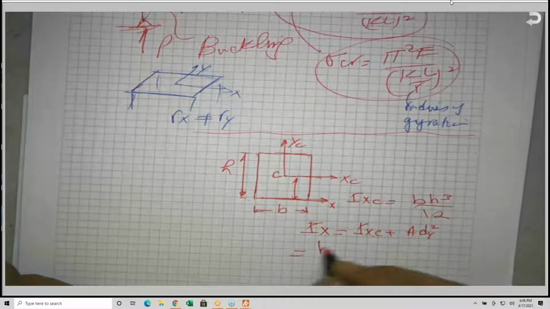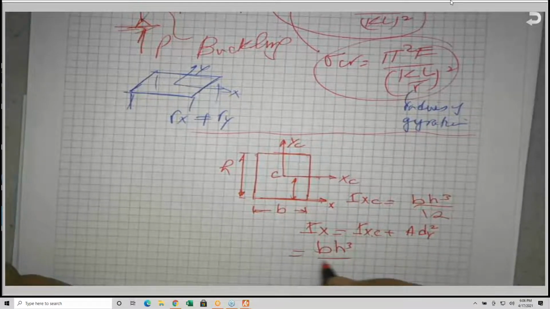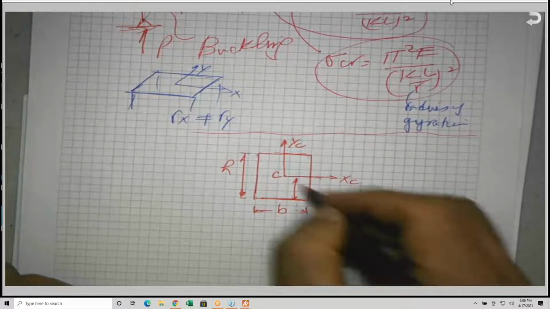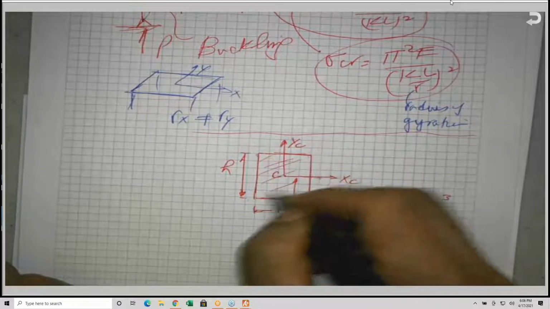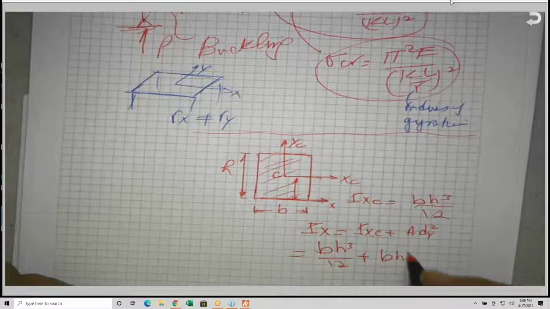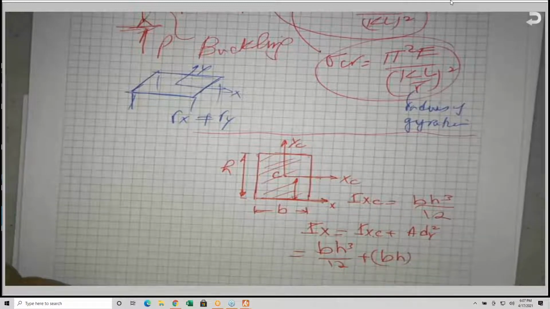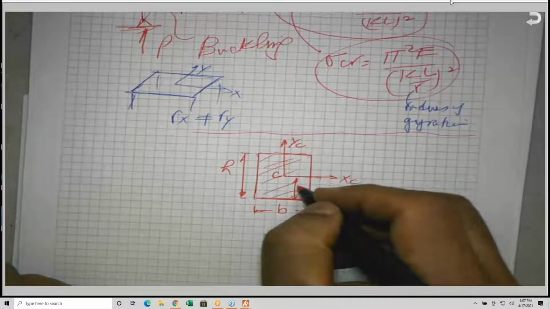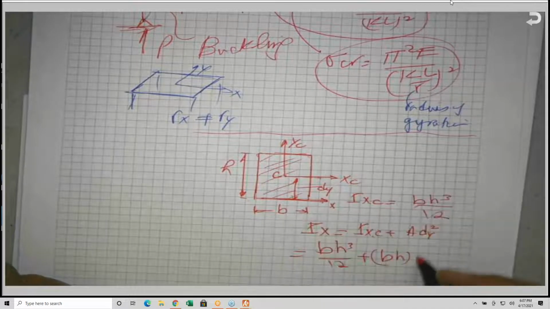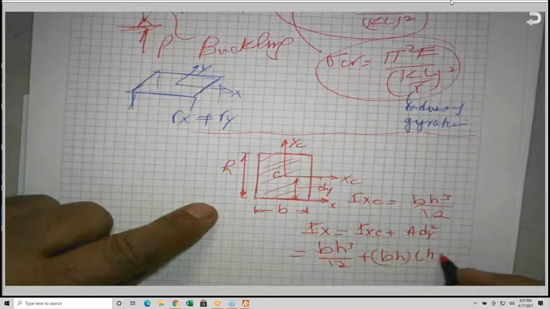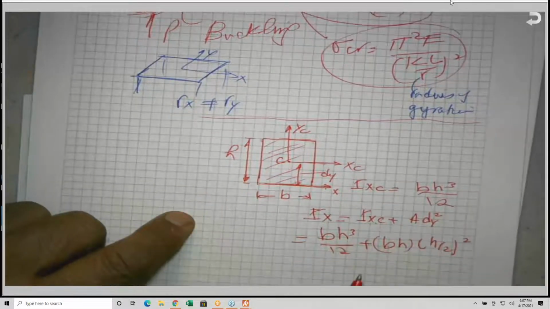So let me do it. IXC is given as BH cubed divided by 12 plus what is the area of this? The area is very easy. It is B times H, times what is dy? This is dy. How much is this dy? H over 2. And this is squared.